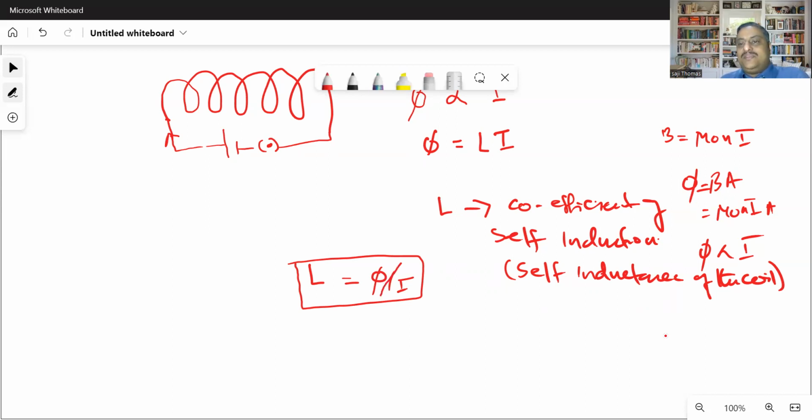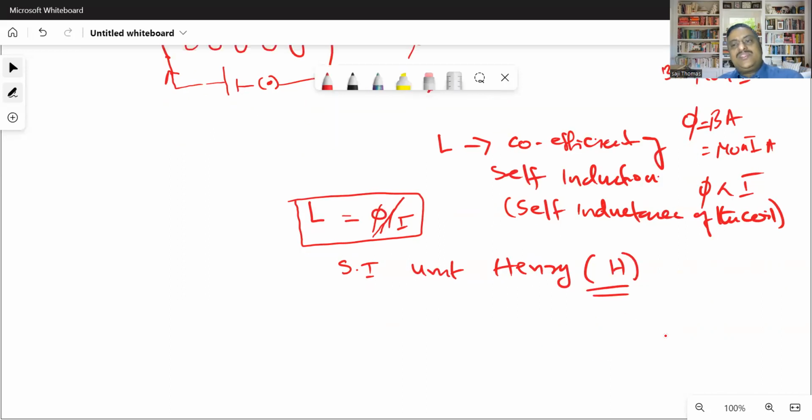That is the definition of self-inductance. The SI unit of self-inductance is Henry. We denote it by capital H.